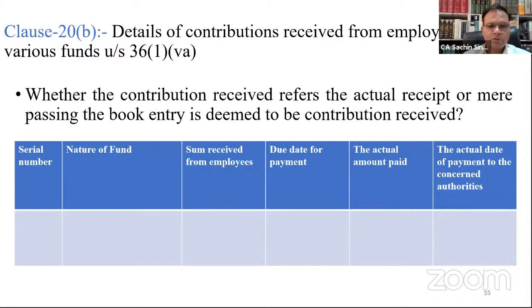If the bank fails to remit the money for any reason, then it cannot be said that you have defaulted. And that too, the sufficient balance was there in the bank account.